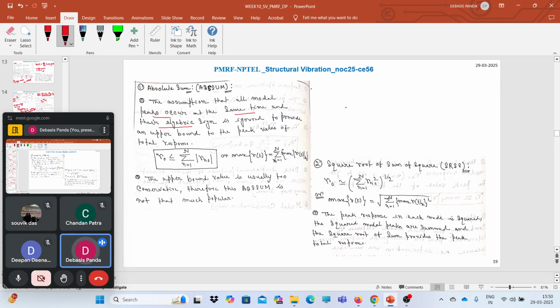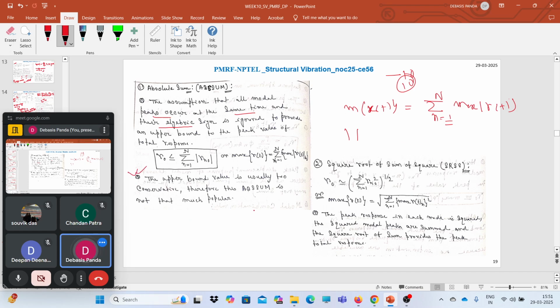So we can easily calculate the maximum of r of t as just adding them, n equals 1 to n, maximum of mod of r of t, or this is x of t, right? That means we are neglecting the algebraic sign, we are using the mod. Say for example, the peak responses minus 10 and 10, we will consider that and add them up. This is called the absolute sum method.